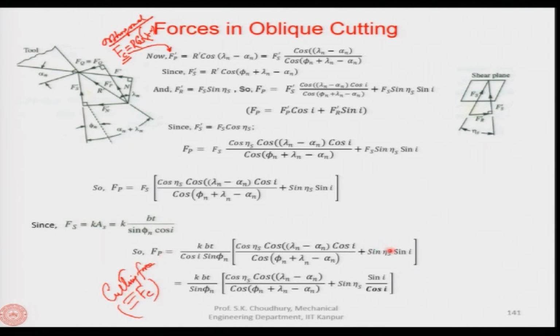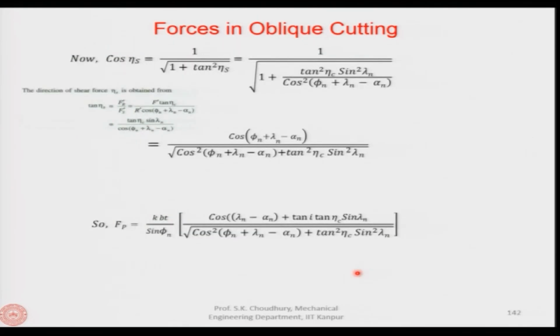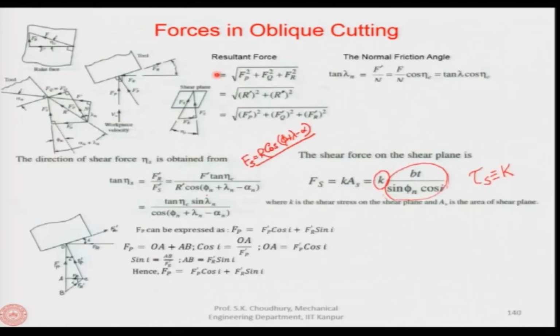So, this we found out, the expression is the following, and this expression can be further simplified by taking that cos nu s. We know that this is 1 over root of 1 plus tan square nu s. This is the formula that is known to us. Now, the tan nu s, if you remember, we found out the value of tan nu s earlier.